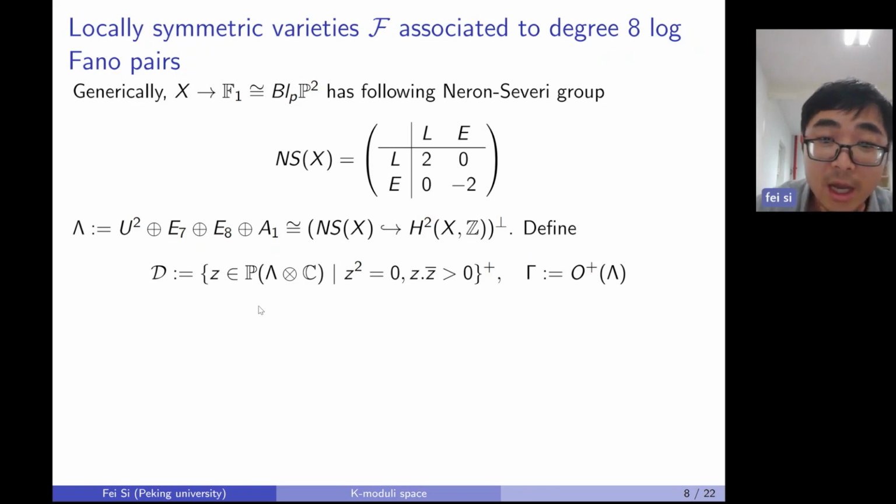Maybe I want to remark that here we do not need to take the so-called stable orthogonal group, because here the moduli space comes from the double covering, so it's not the moduli space of quasi-polarized or lattice polarized K3 surfaces. So the monodromy group is a little different from the quasi-polarized case.